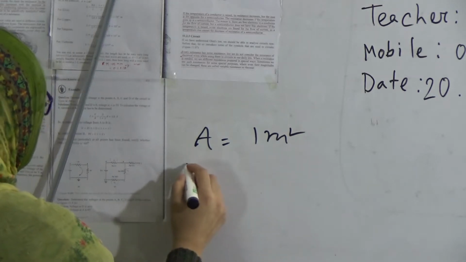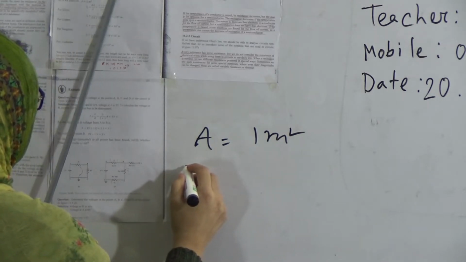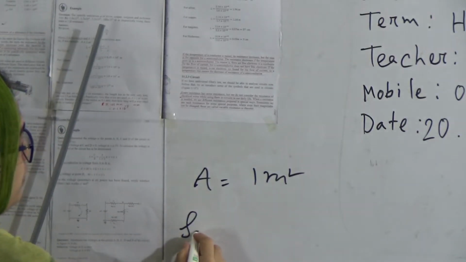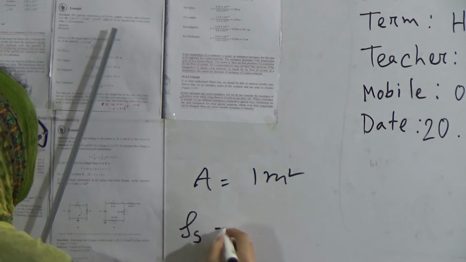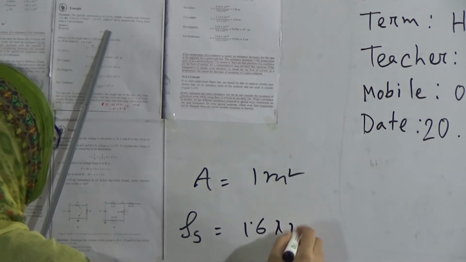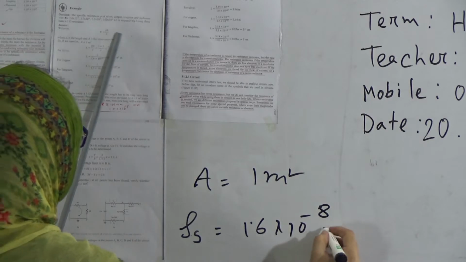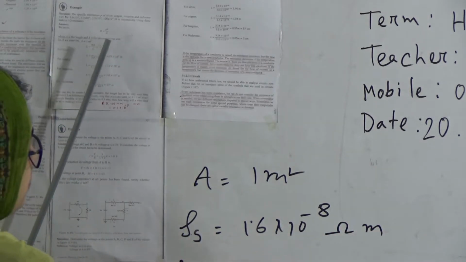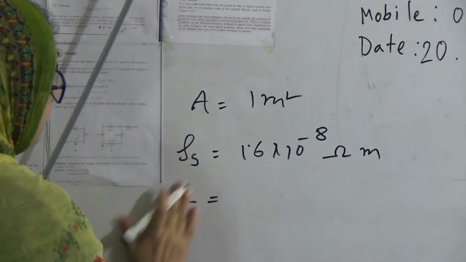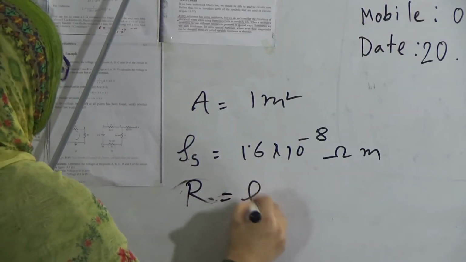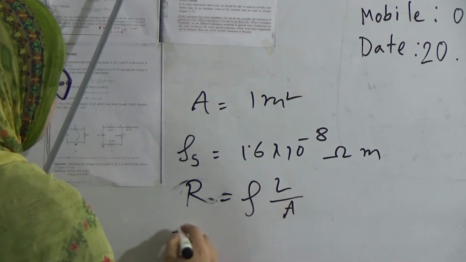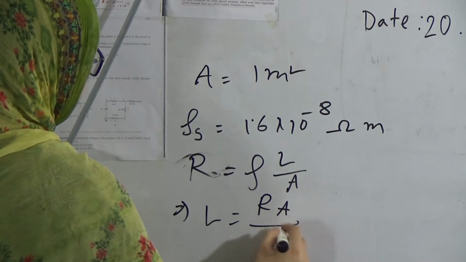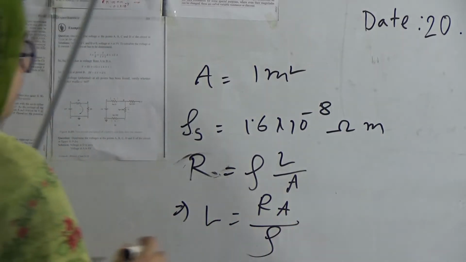So for silver, the specific resistance rho for silver, you can write rho S, is 1.6 into 10 to the power minus 8 ohm meter, and now we can find out the length. So we know this formula, R equals rho L divided by A. So from here we can write L equals RA divided by rho.